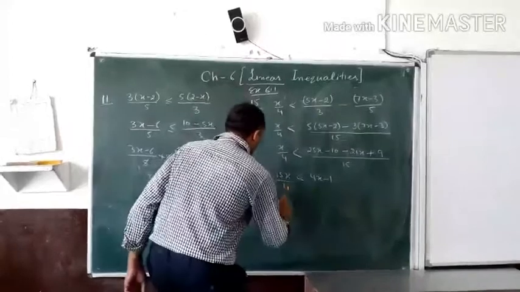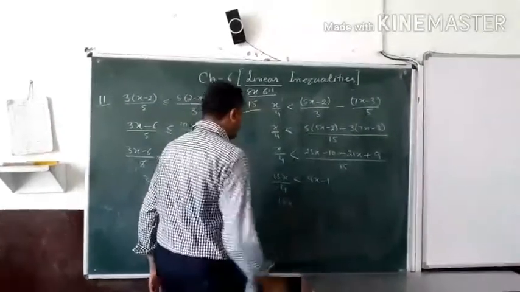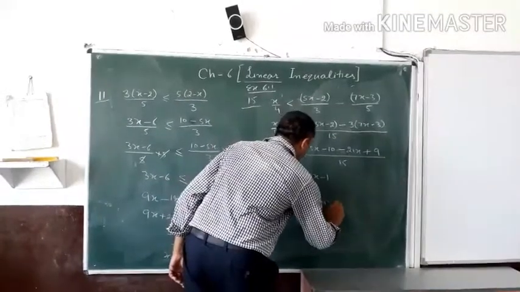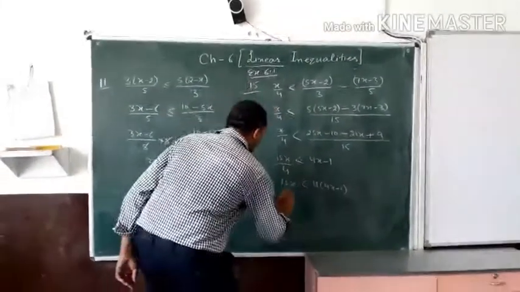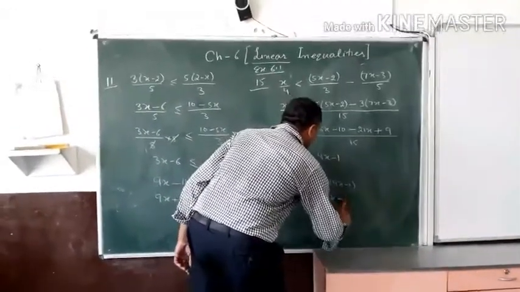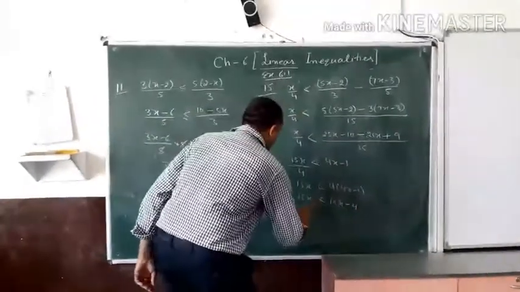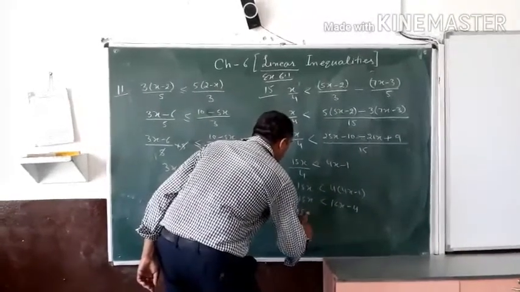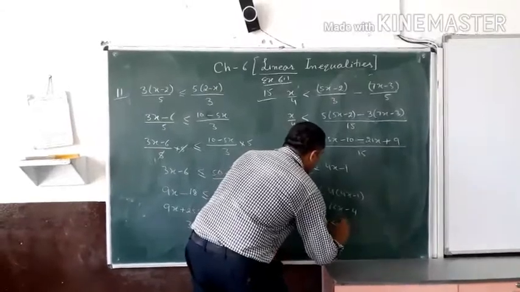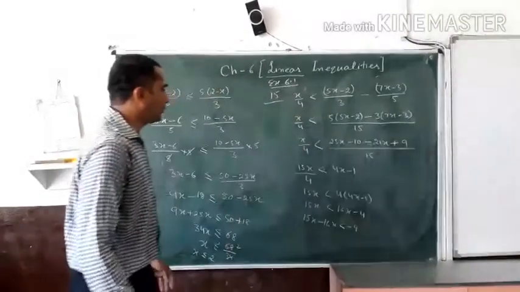So 15x less than 4 into 4x minus 1, 15x less than 16x minus 4. It will be 15x minus 16x less than minus 4.